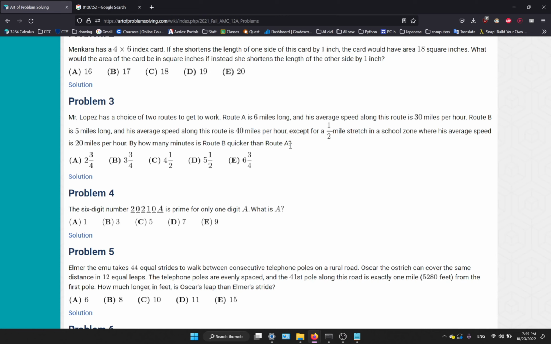Let's see. Time equals distance over speed. So for the 1/2 mile, you would do 1/2 divided by that. And for this one, 4.5 miles divided by 40.